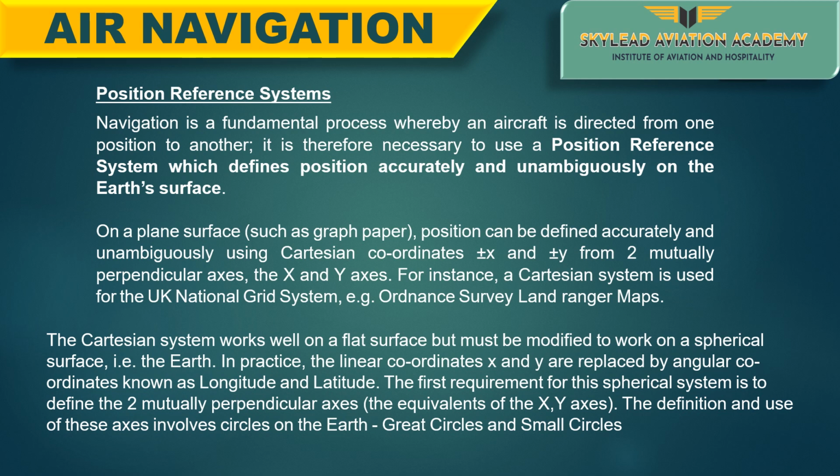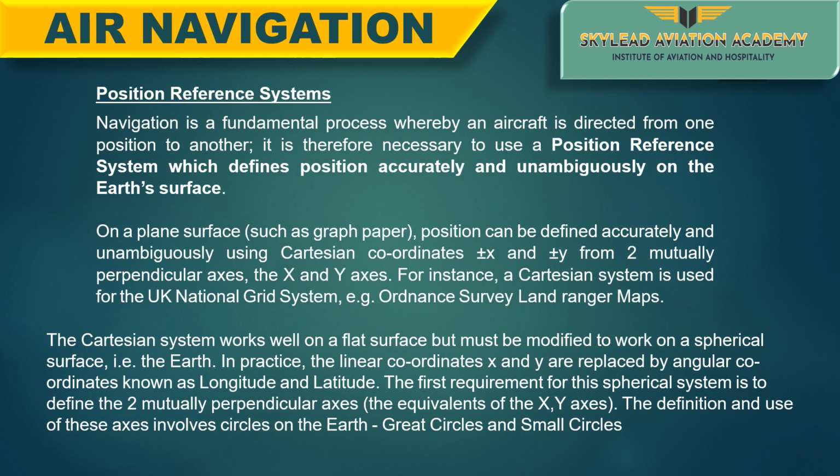The Cartesian system works well on a flat surface but must be modified to work on a spherical surface, that is Earth. In practice, the linear coordinates x and y are replaced by angular coordinates known as longitude and latitude.